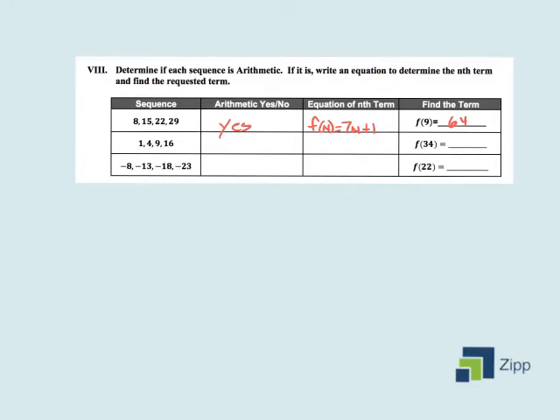Let's look at the second sequence. If I put it into a t-table, label it 1, 2, 3, and 4, I'll have 1, 4, 9, and 16. I'll take a look and I see that 1 goes to 4, that's 3 more.